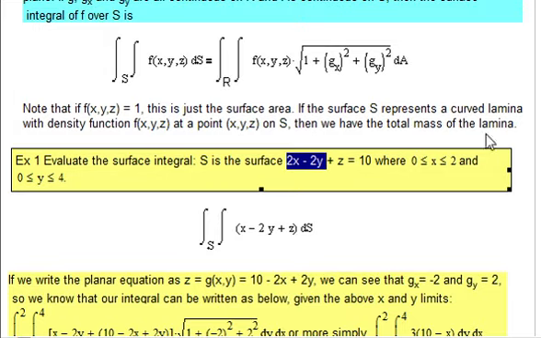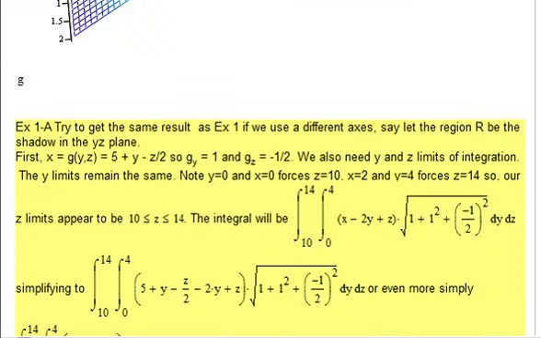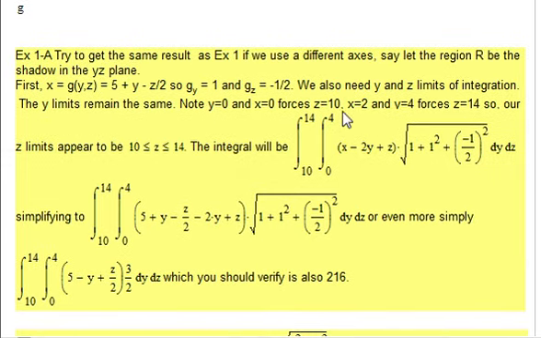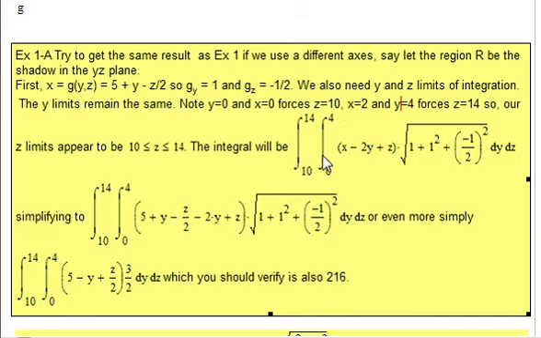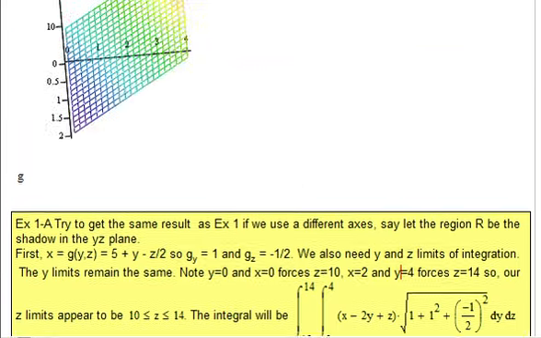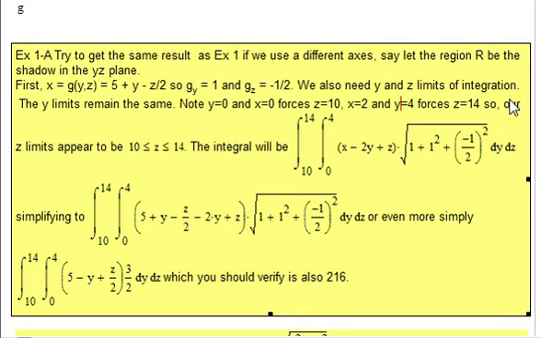See, x and y are both 0, so z is 10. And then if x is 2 and y is 4, remember the limits of integration when we did it before, that's kind of like an upper limit for z. Then that would force z to be 14.